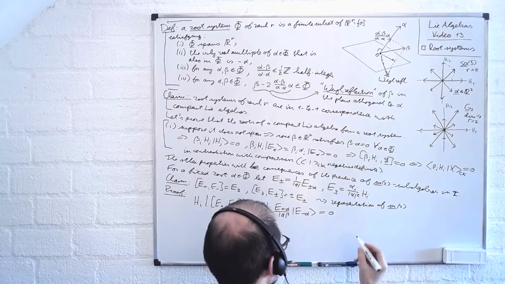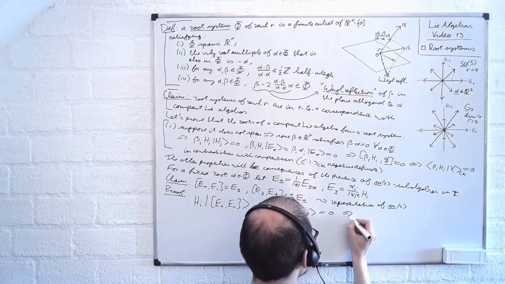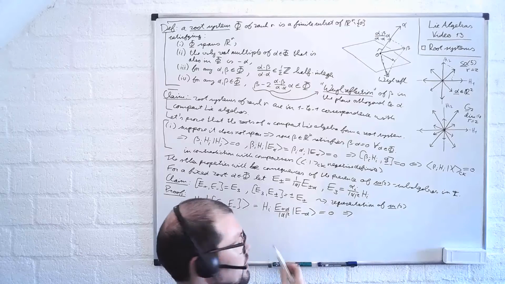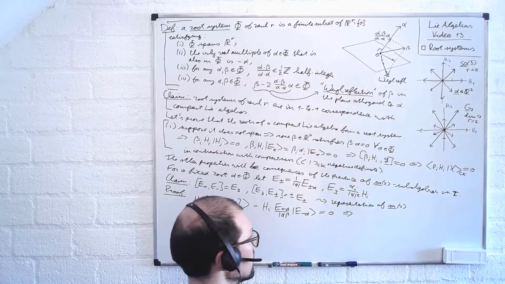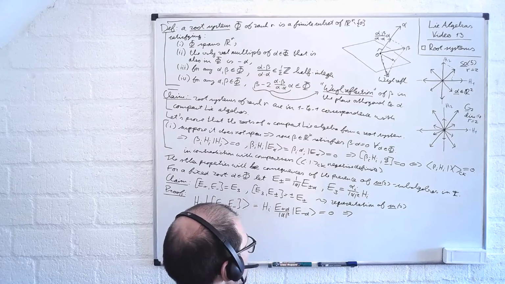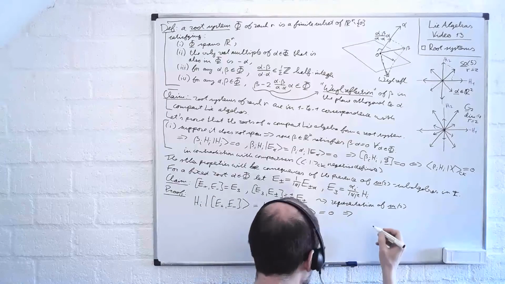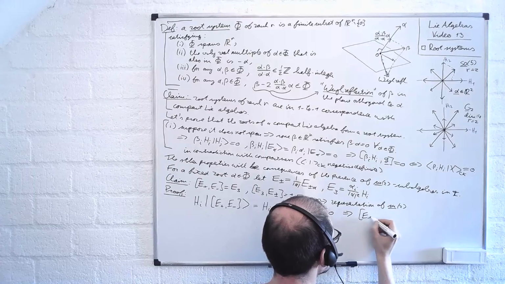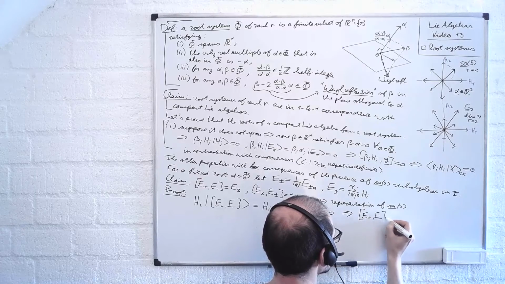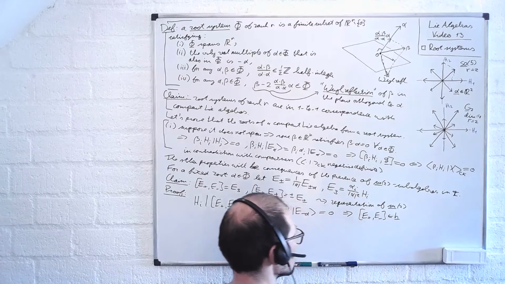So this implies that we have found a vector with 0 weight, and by definition a vector with 0 weight is in the Cartan subalgebra. So E plus E minus must be in the Cartan subalgebra.